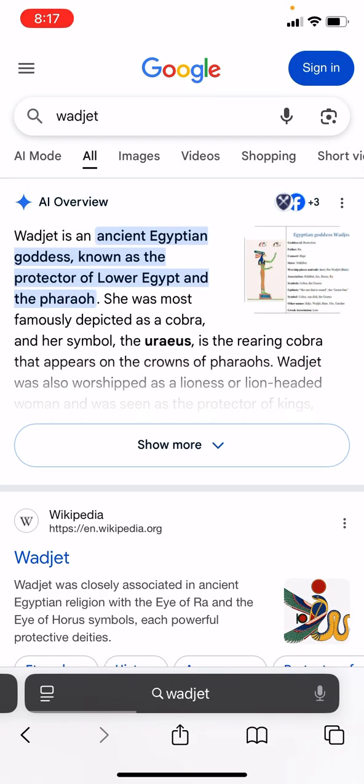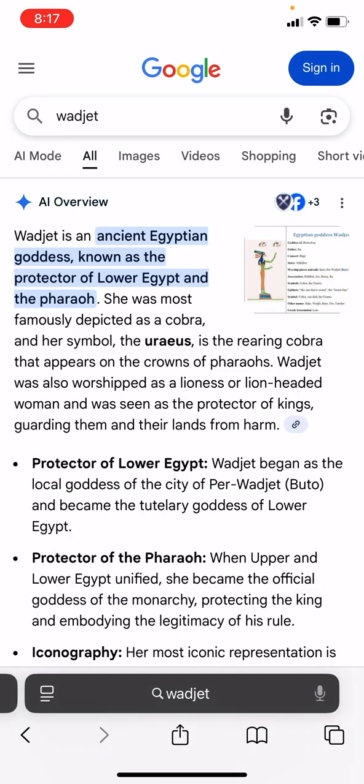Wajet is an ancient Egyptian goddess known as the protector of Lower Egypt and the pharaoh. She was most famously depicted as a cobra, and her symbol, the uraeus, is the rearing cobra that appears on the crowns of pharaohs. Wajet was also worshipped as a lioness or lion-headed woman, and was seen as the protector of kings, guarding them and their lands from harm.